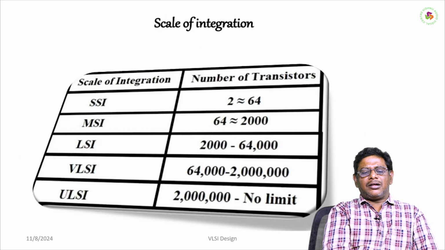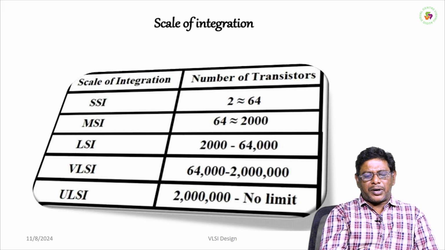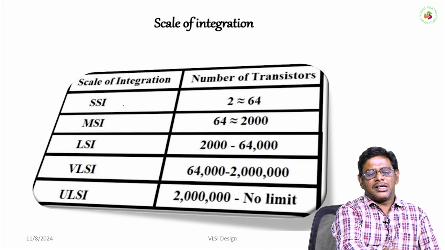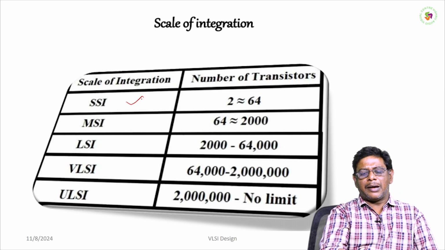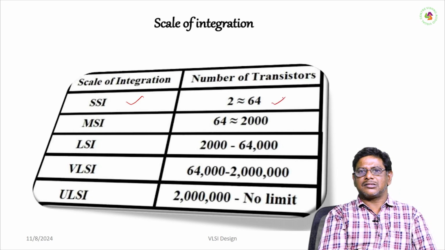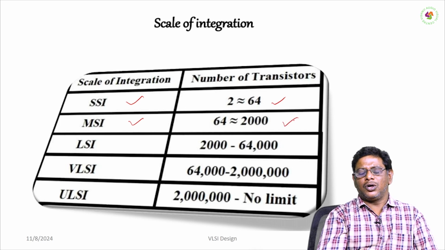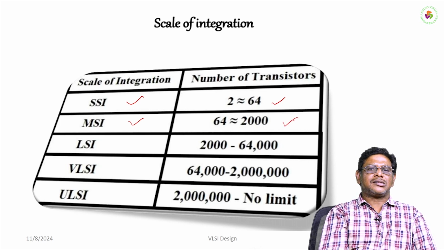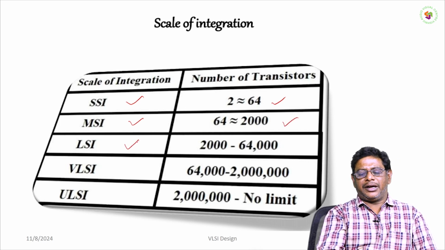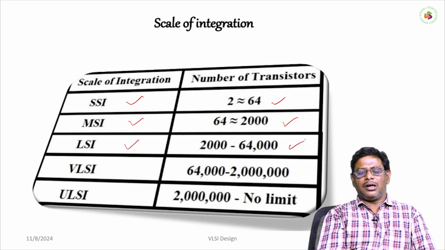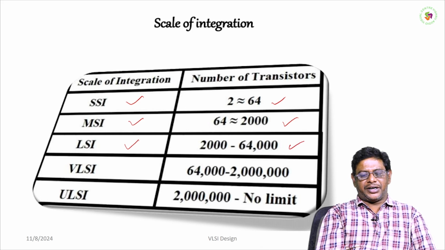And you can see here the scale of integration. When it comes to scale of integration, the number of components that we can accommodate in small scale integration is up to 64 transistors. Whereas medium scale integration is up to 2000. Large scale integration accommodates up to 64,000 transistors.